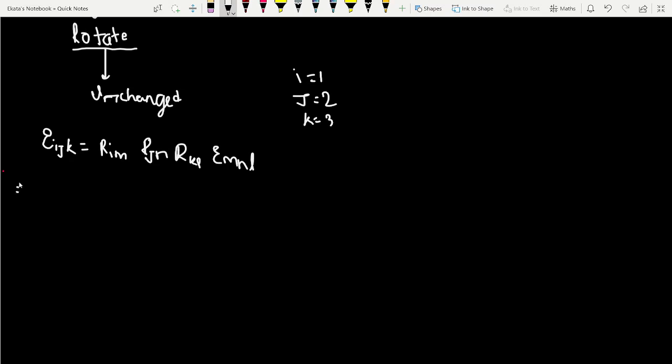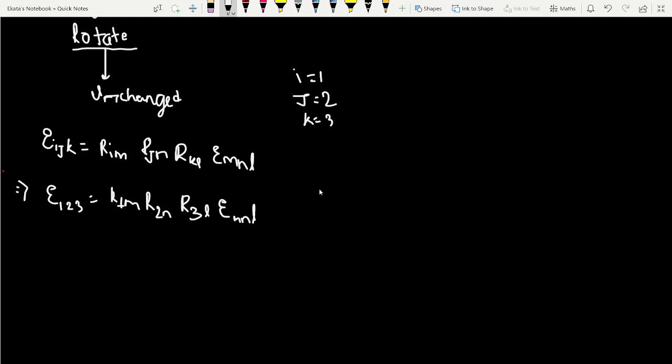By putting the respective values, epsilon 1, 2, 3 equals R_1m, putting the value of j which is 2, R_2n, and R_3l, times epsilon naught mnl. So it becomes R_1m, R_2n, and R_3l.